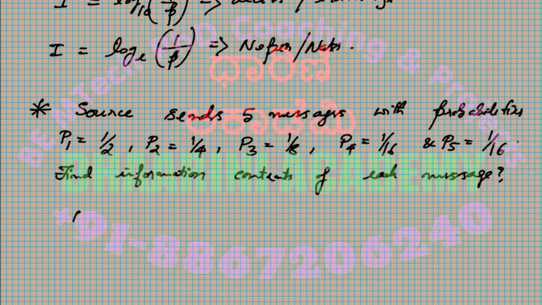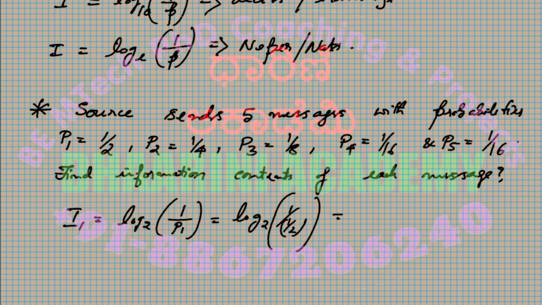So I1 is equal to log to the base 2 of 1 divided by P1, correct? So this has to be log to the base 2 of 1 over 1 by 2. So that is simply equal to log to the base 2 of 2. How much? That will be equal to 1. So unit bit, 1 bit of information.